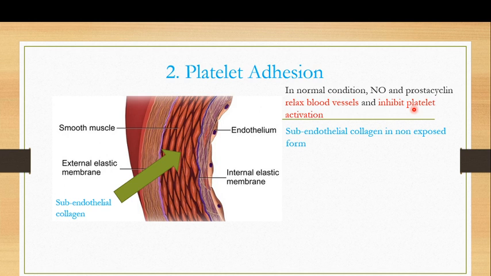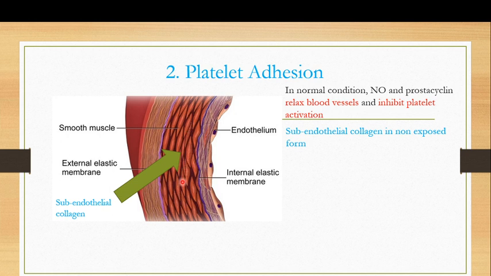what I mean by damage to the blood vessel is this. When you talk about the normal blood vessel, in these muscle cells, these muscles you can see over here, here is the sub-endothelial collagen. Collagen is a very important protein polymer, which is providing structural strength to these smooth muscle cells.